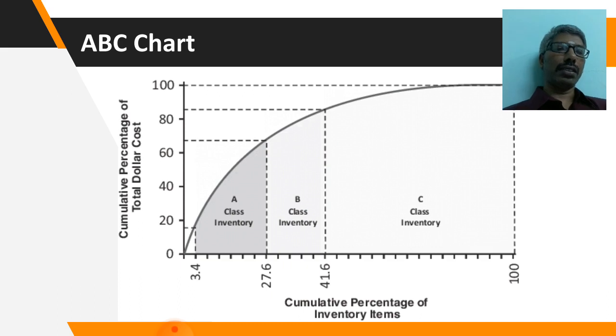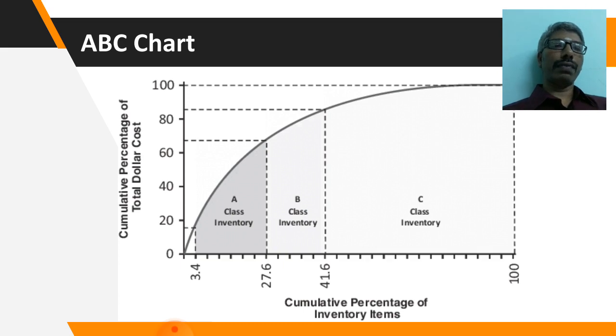In this chart, the Group A category of materials has the quantity from 3.4% to 27.6%, around 24%.